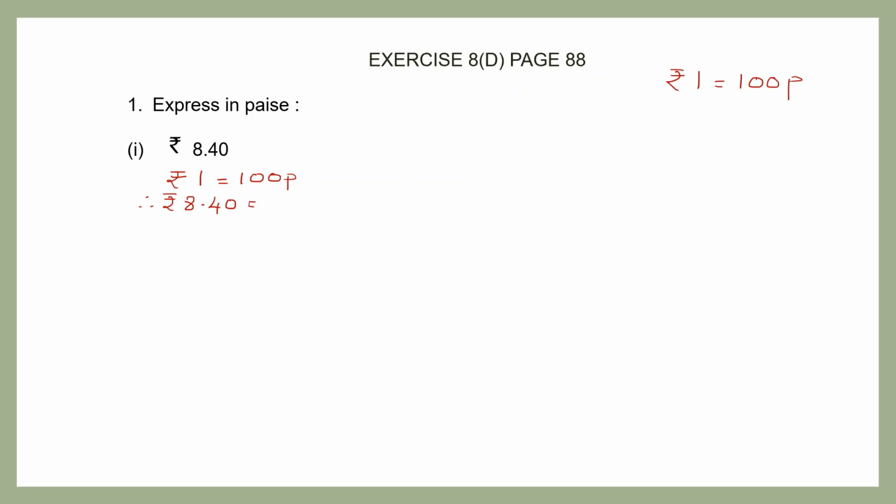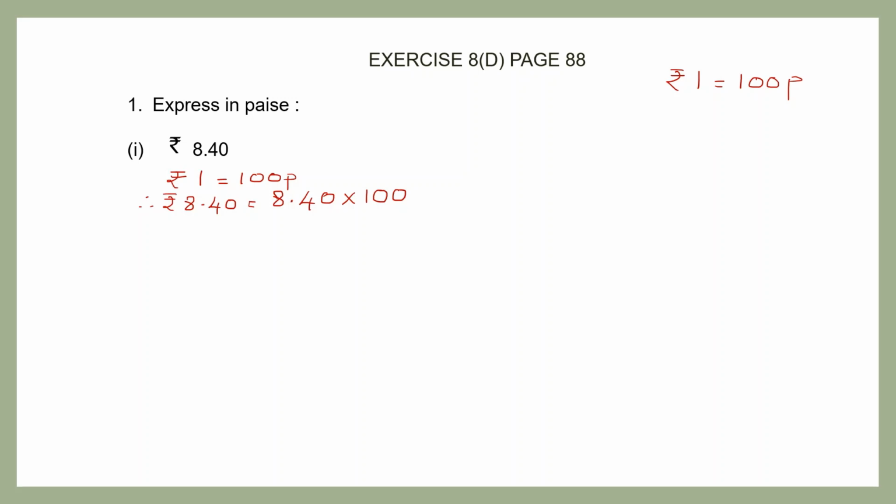So the first thing you need to do is write the question without the unit, and when you convert rupees to paise, keep this in mind, when you convert rupees to paise, you multiply by 100. Why do we multiply by 100? Because 1 rupee has 100 paise.